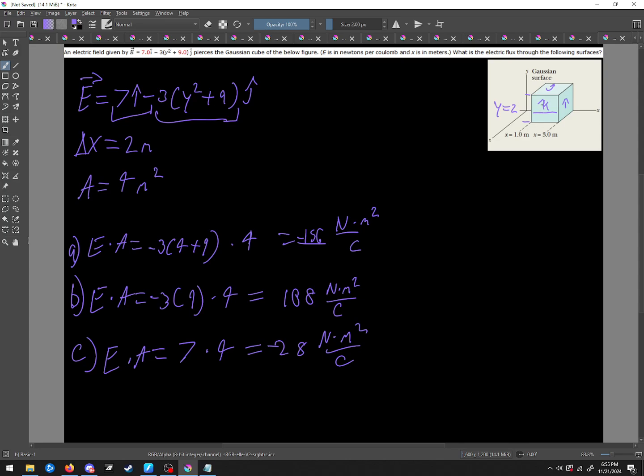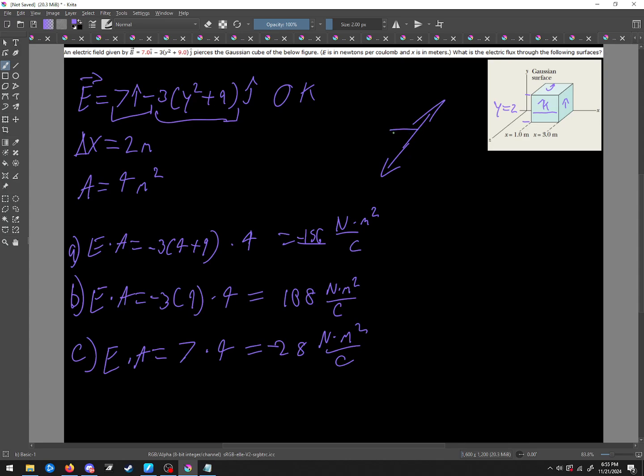So the back face here, let's see. Well, there's no k hat here, so there actually isn't anything pointing through it.